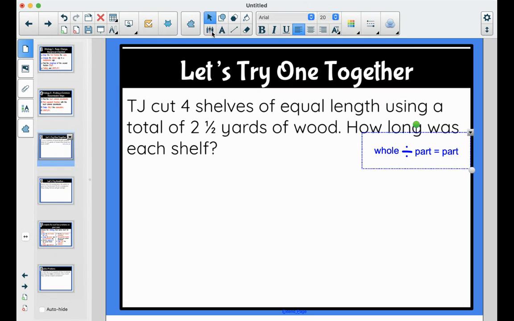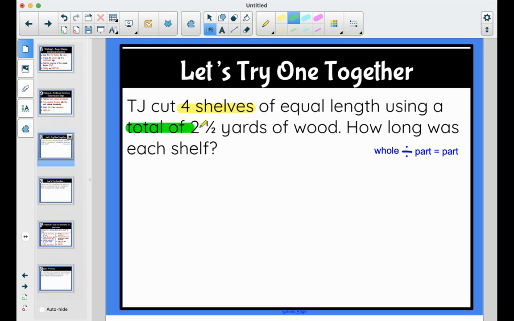So in this case, let's reread it again and determine what's our whole and what's our part here. So it says TJ cut 4 shelves of equal length using a total of 2.5 yards of wood. So the fact that this said total automatically tells us that this is our whole, which means it's going to go first in our division equation or sentence.